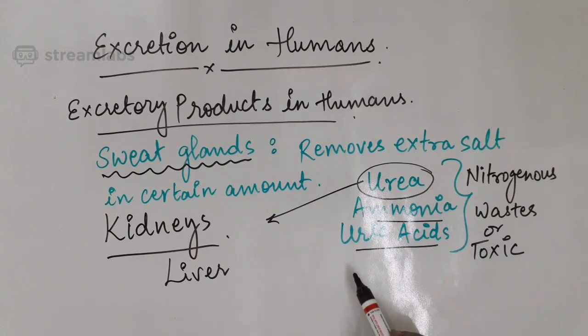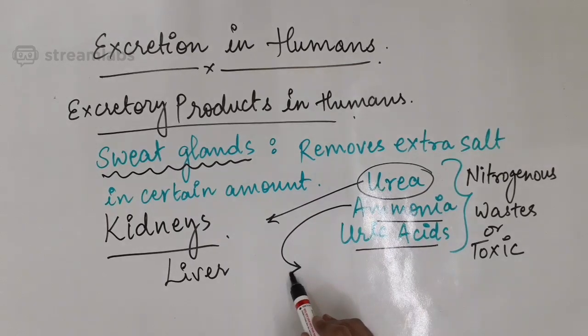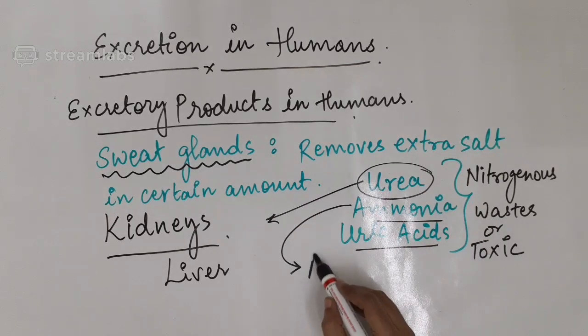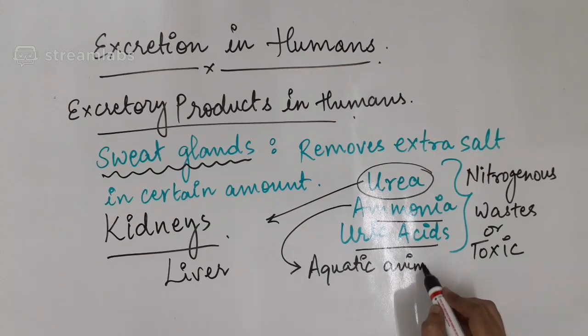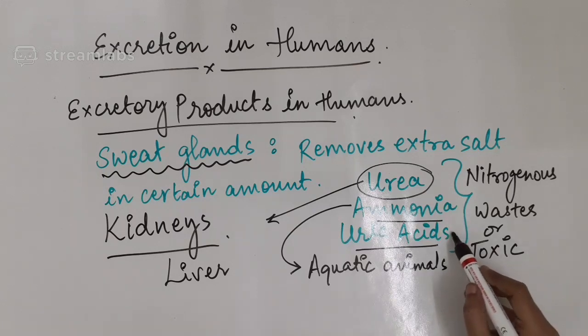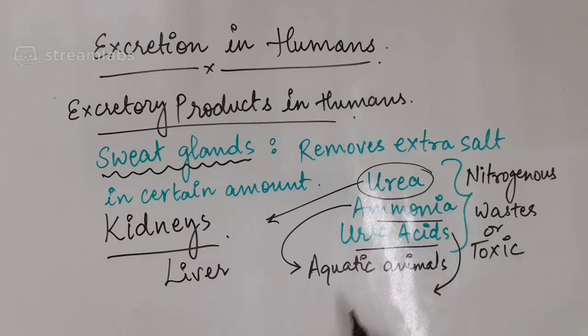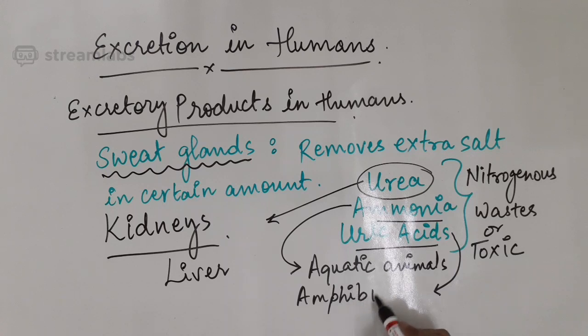Of these products, ammonia is the nitrogenous waste product of all the aquatic animals like fishes, and uric acid is the nitrogenous waste of all the amphibians. Amphibians are those animals which live on land as well as in water, like frogs.